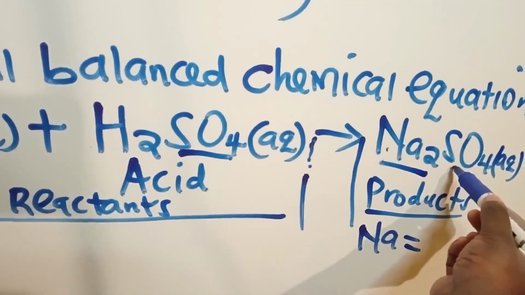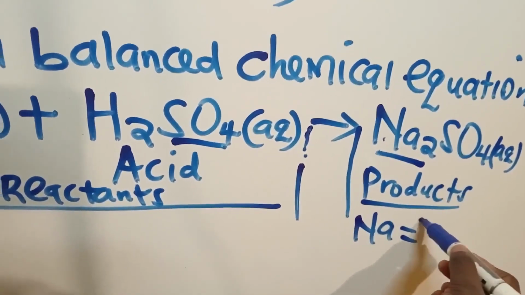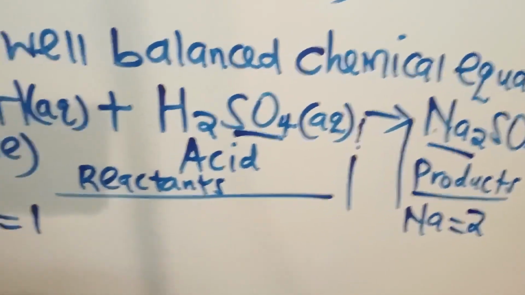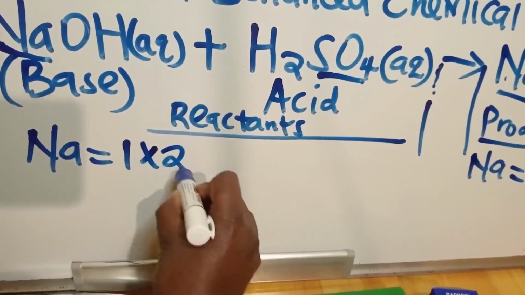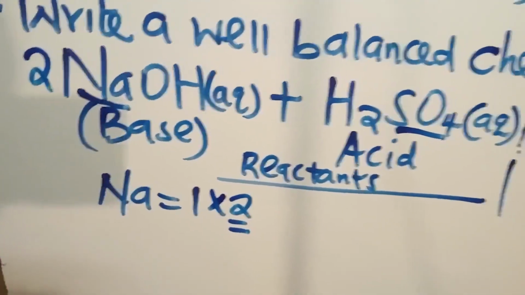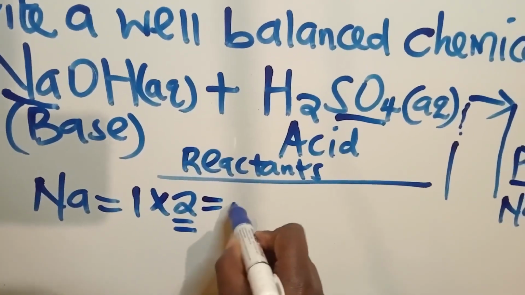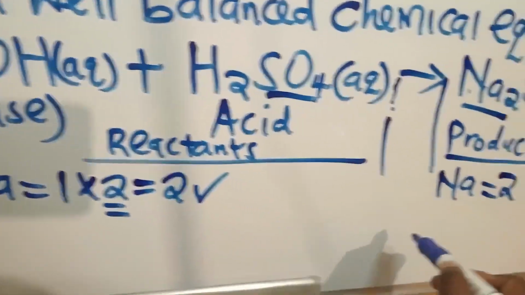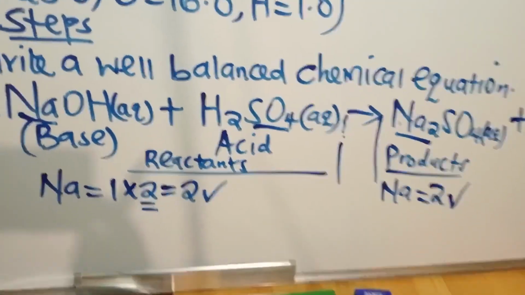Sulfur does not have any number. This 4 is for oxygen. So sodiums are 2, and this side we have 1. So we multiply by 2, and this is the 2 that we shall put at the back there, so that we have 2 sodium, and we put a tick, meaning they are balanced.